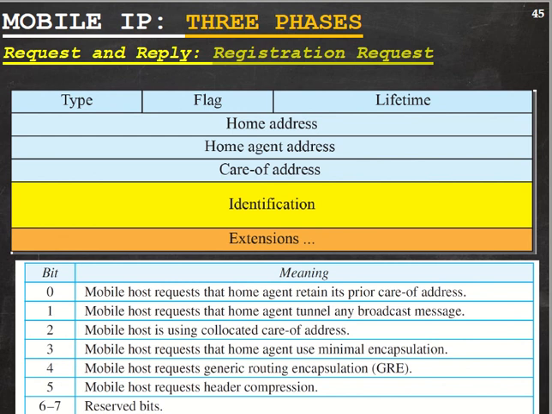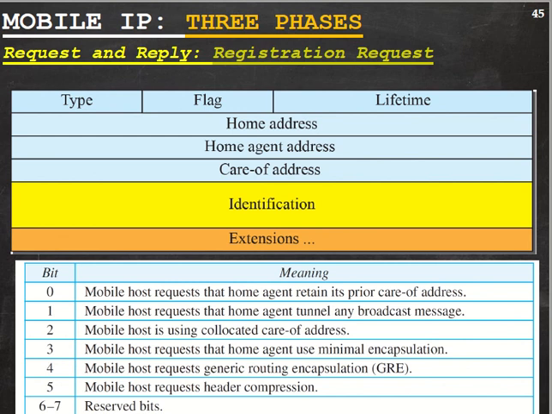If the flag bit is equal to 1, then the mobile host requests that the home agent tunnel any broadcast message. If the bit is equal to 2, it indicates the mobile host is using a collocated care of address. If that bit is equal to 3, then the mobile host requests that the home agent use minimal encapsulation. If that bit is equal to 4, it indicates the mobile host requests generic routing encapsulation.